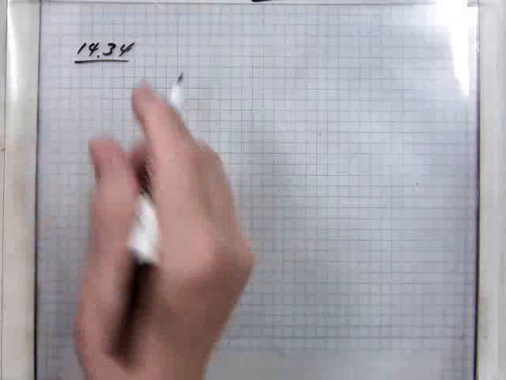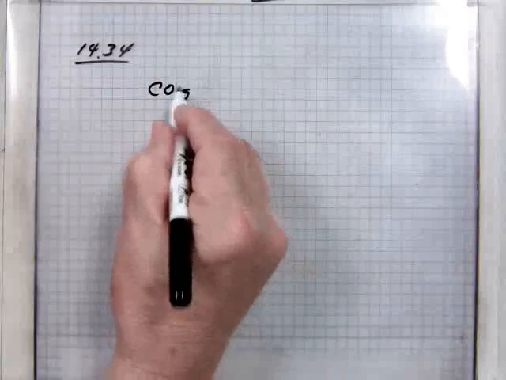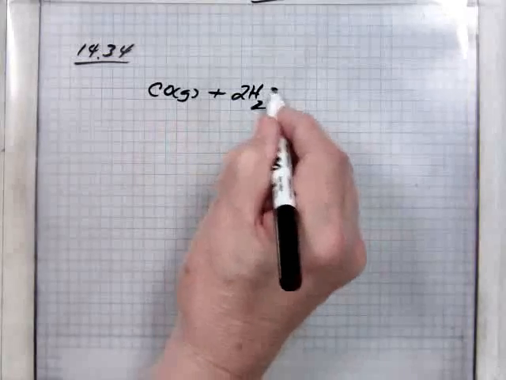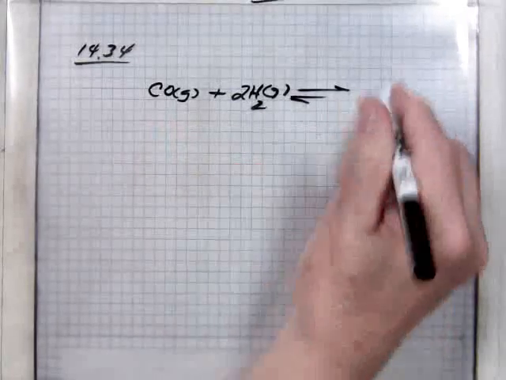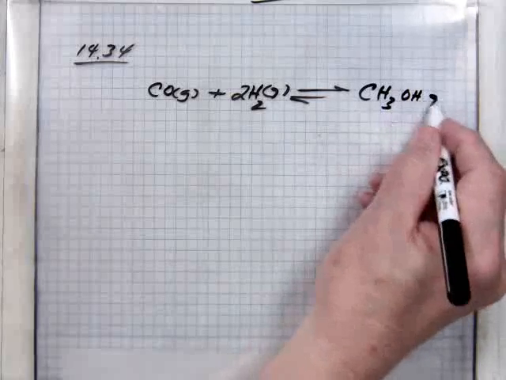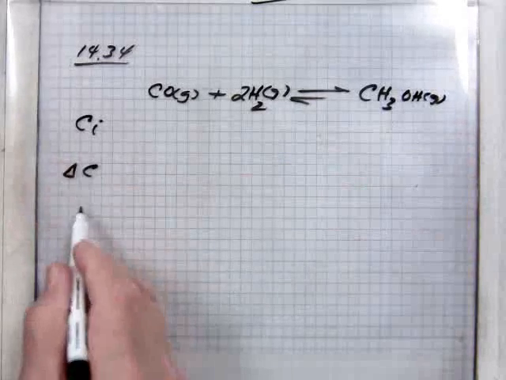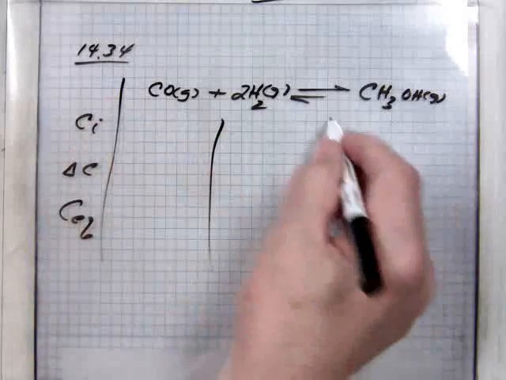Okay, so that's carbon monoxide plus molecular hydrogen in equilibrium with methyl alcohol, wood alcohol. And you've got Ci, change in C, and C at equilibrium. Now I'll get to the point where I'll just scribble it out.